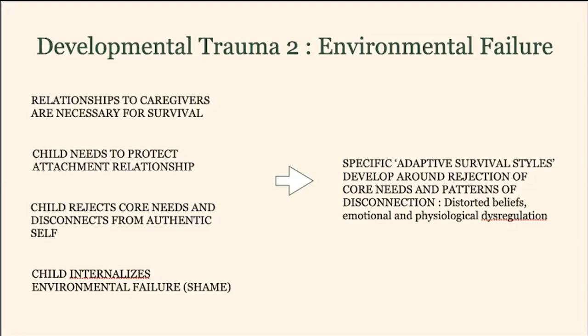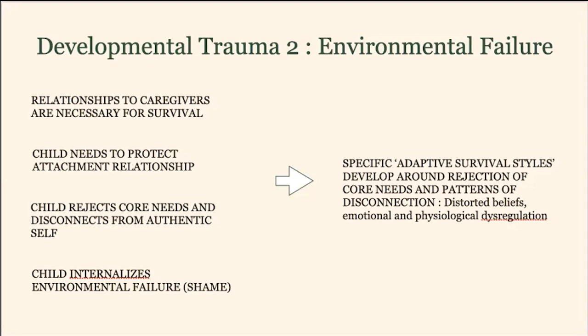And so moving to the right side of the slide here that you see, what we can say is that based on the exact time and the exact nature of the environmental failure that a child experiences, the child will then develop very specific, what we call adaptive survival styles.